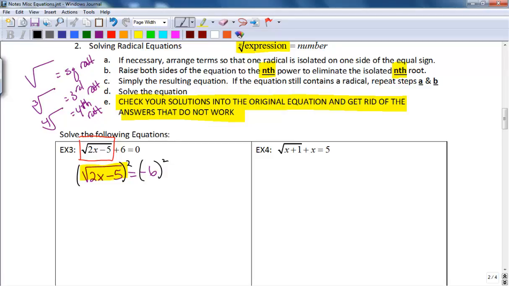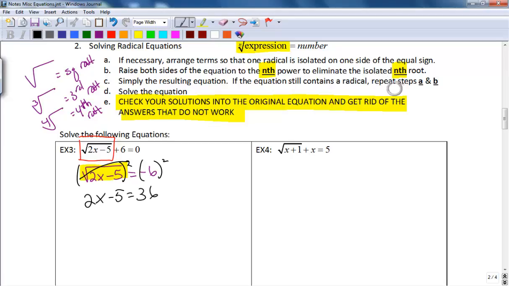So I'm doing part B, which says to raise both sides to the nth power, and that's the same as the nth root. Since it's a square root, I need to raise both sides to the second power. Now I need to do step C, which says to simplify the result. Well, the square root of 2x minus 5, squared, the square root and square cancel, and I'm just left with the expression 2x minus 5 equals negative 6 squared, which is a positive 36.